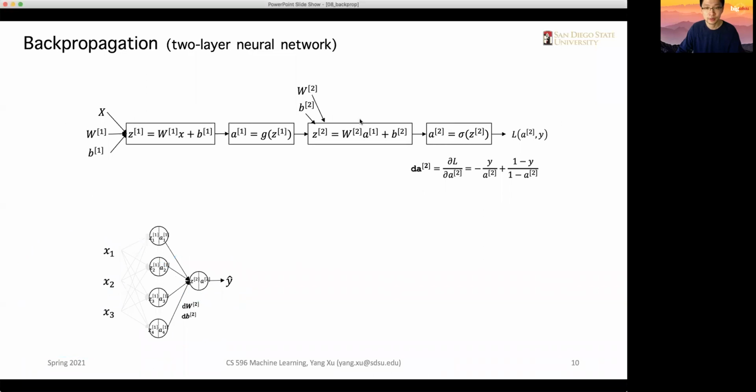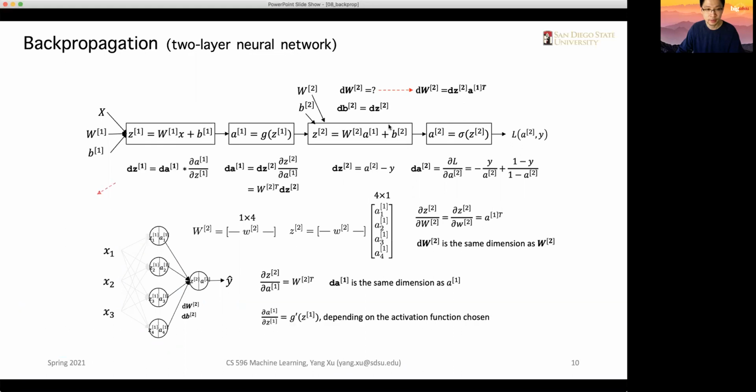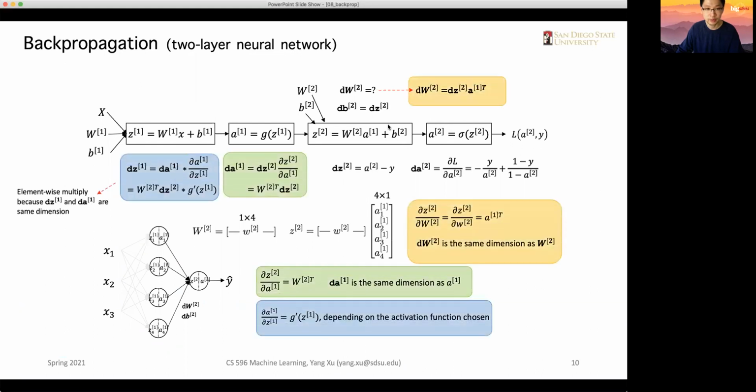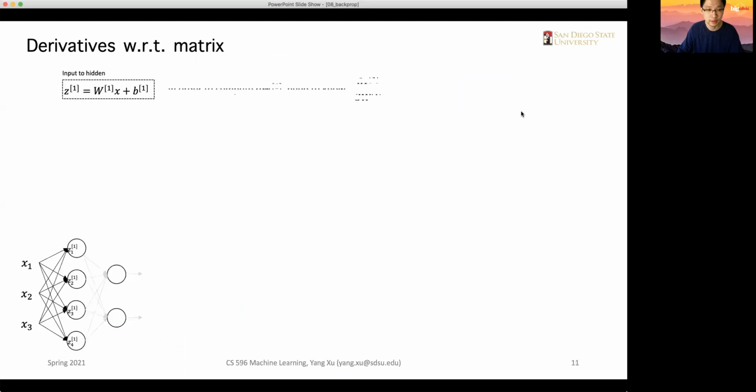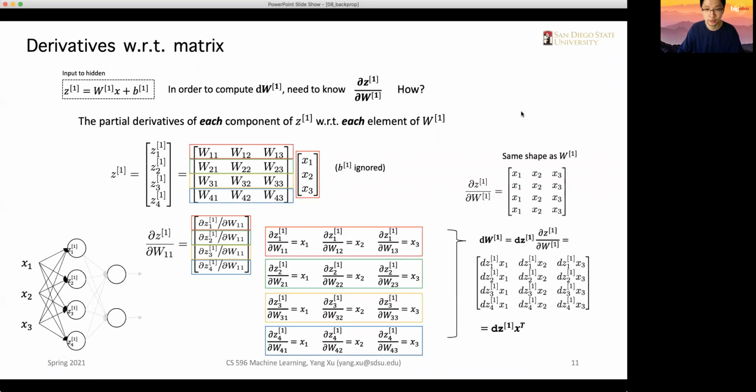So in order to show the equations for the DWs and the DZs are correct, especially for DWs, we will extend this example to a more general case on the next slide that uses 2 units as the output layer.